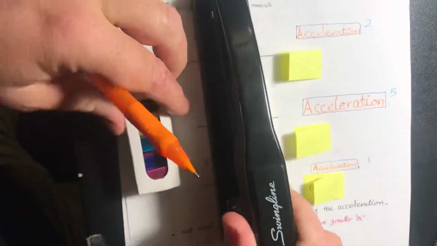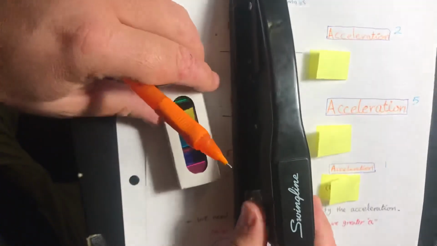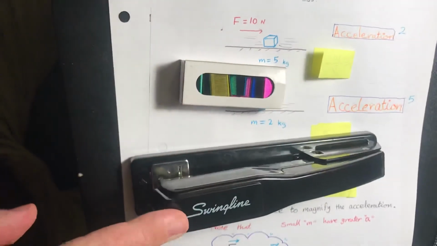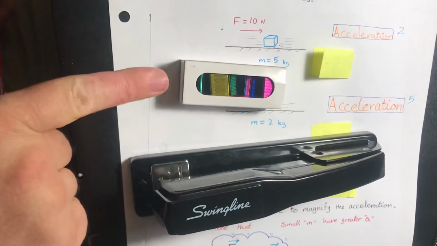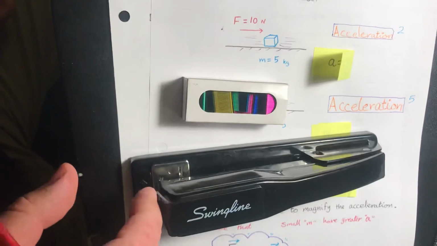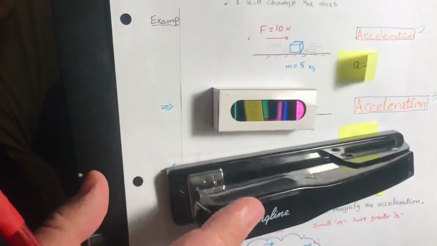Or, in other words, if you apply the same force on two objects, one heavy and the other light, then the lighter one will accelerate more than the heavier one.